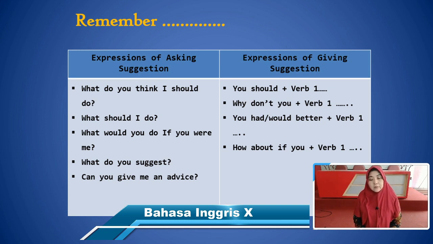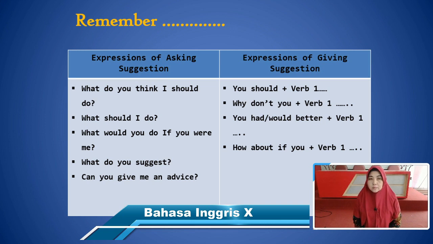And if you want to give suggestion, you can use the expression such as you should, for example, you should go to the bookstore. And the next sentence is, why don't you blah blah blah?